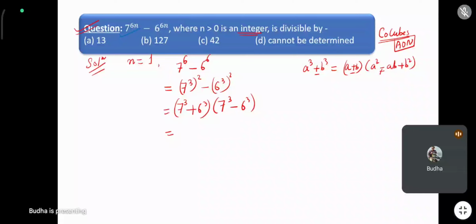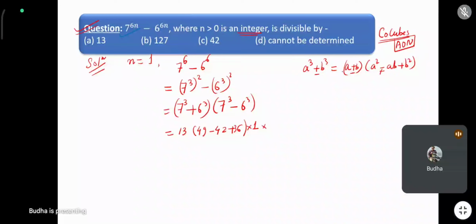Rest everything is the same. I'll write a plus b, that is 7 plus 6, which is 13. The other part: 7 square is 49, minus 7 into 6 is 42, plus 6 square, which is 36. Similarly, I'll have another factor a minus b, 7 minus 6, which is 1.